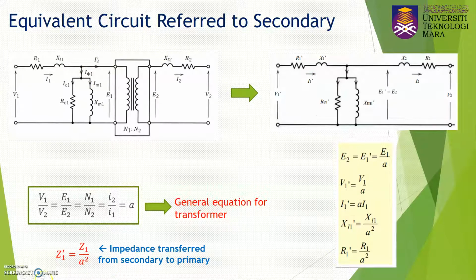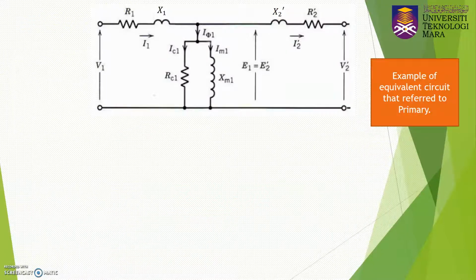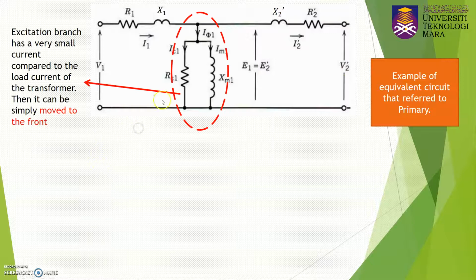Okay, so now this slide shows you the example of the equivalent circuit that is referred to the primary side. All the values at the secondary side, you now refer to the primary side. So you have X2 prime, R2 prime, I2 prime, and V2 prime. And then the excitation branch here has a very small current compared to the load current of the transformer.